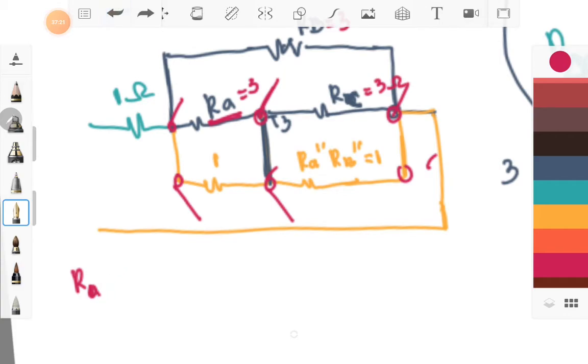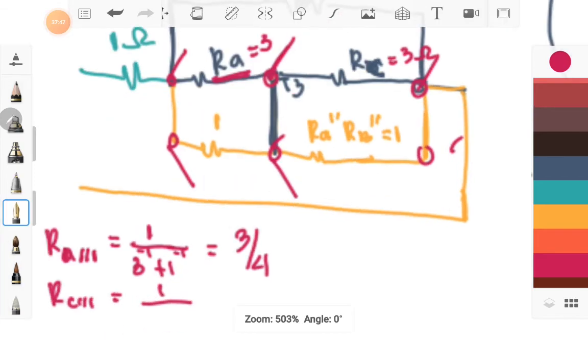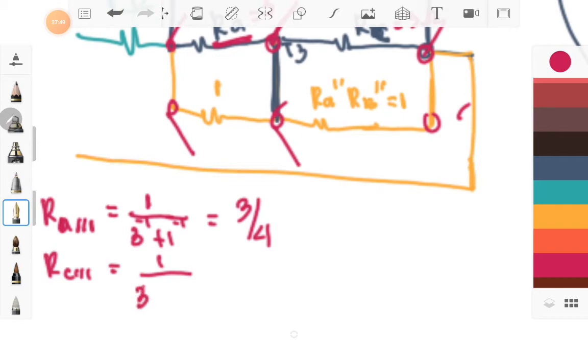So RA in parallel with 1 ohm is equal to 1 over 3 raised to negative 1 plus 1 raised to negative 1, which is equal to 3/4. And this connection wherein your RC is in parallel with 1 ohm, we have 1 over 3 raised to negative 1 plus 1 raised to negative 1, so we have 3/4.